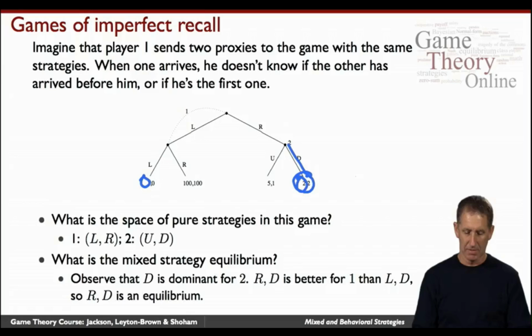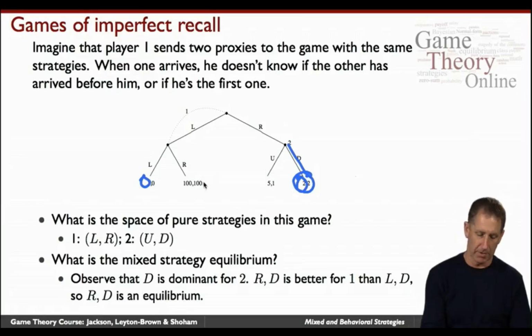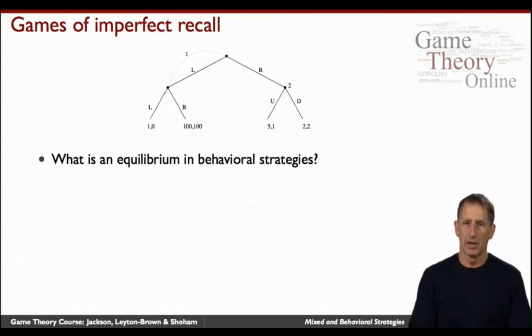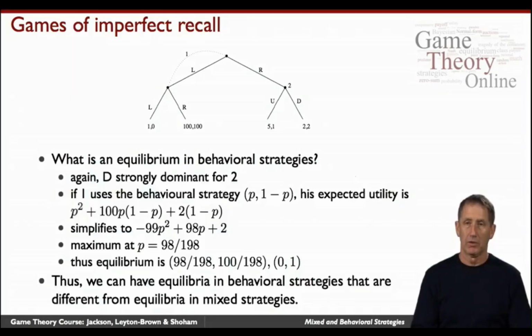Notice the ironic or disconcerting fact that you have a very high payoff that is actually not accessible under mixed strategies. And that will be a hint about what's going to happen with behavioral strategies. So what would an equilibrium in behavioral strategies look like here? Well, to start with, note that nothing has changed for player 2.